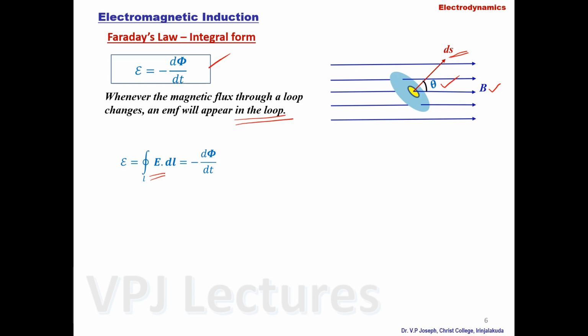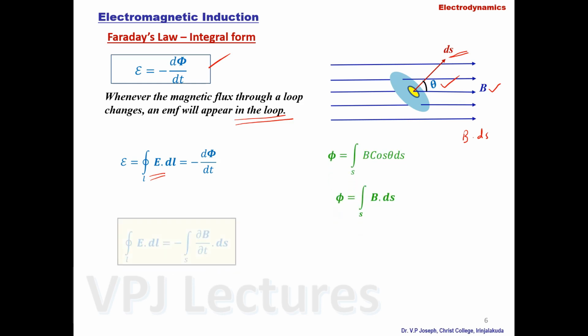Now we can see that the component of magnetic field in the direction of ds is B dot ds, or B cos theta ds.